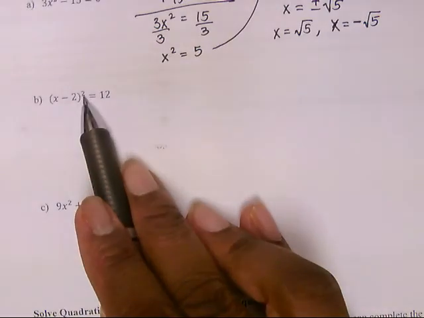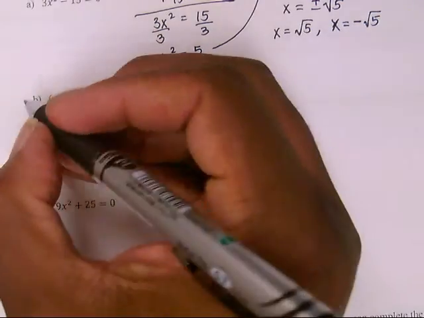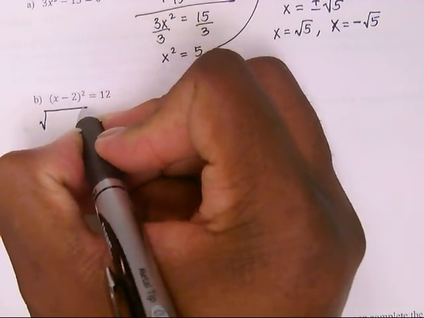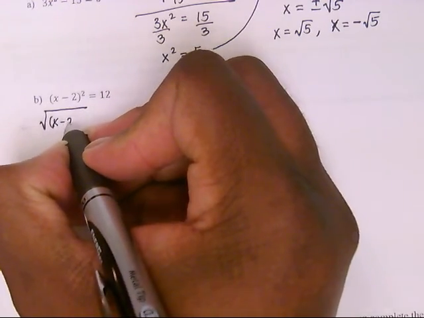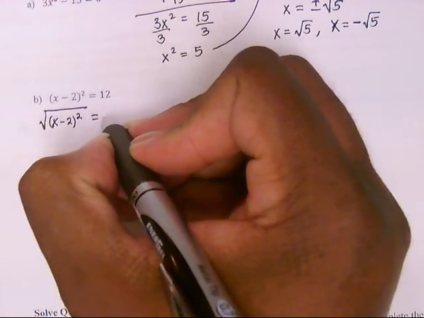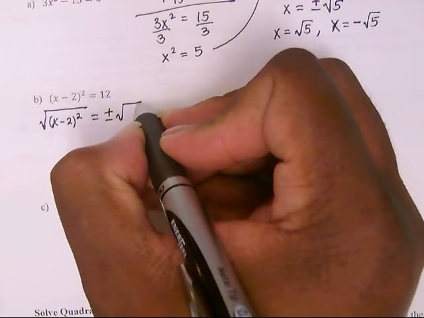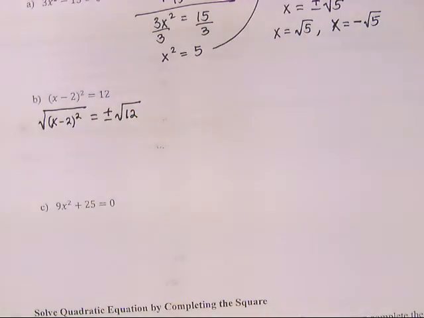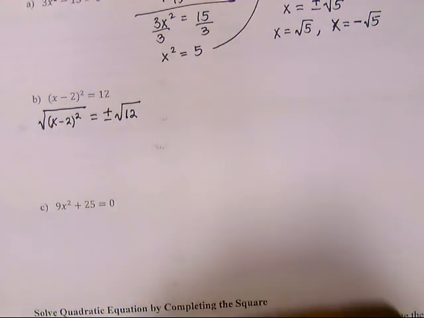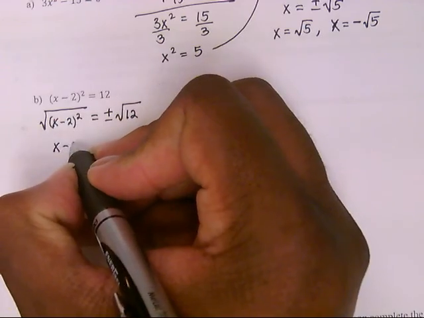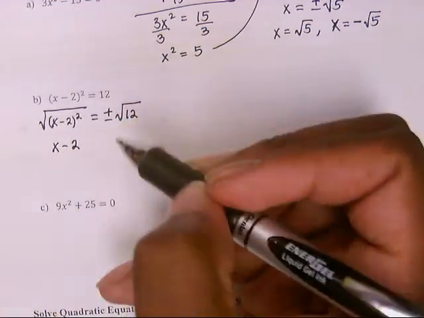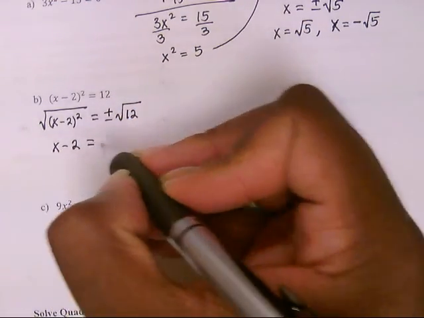We have to do the opposite of squaring first, which would be to take its square root. And when we take the square root on both sides, you want to bring in that plus or minus symbol. So the square root of x minus 2 quantity squared will be x minus 2, because the square root and the square are inverses.